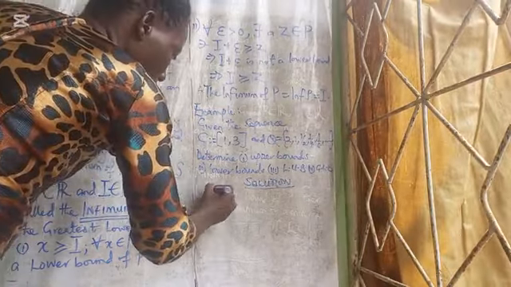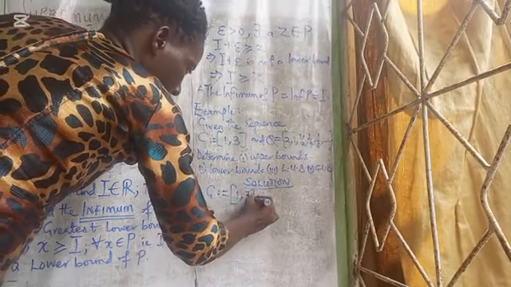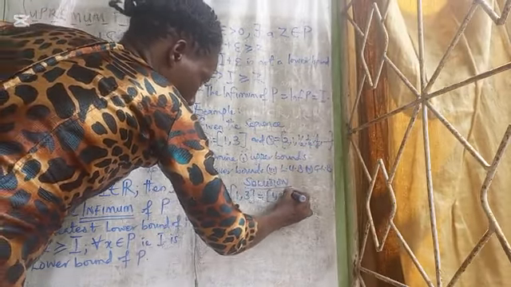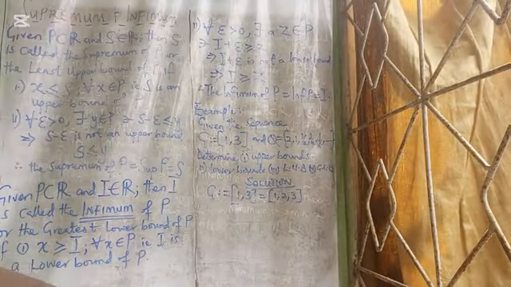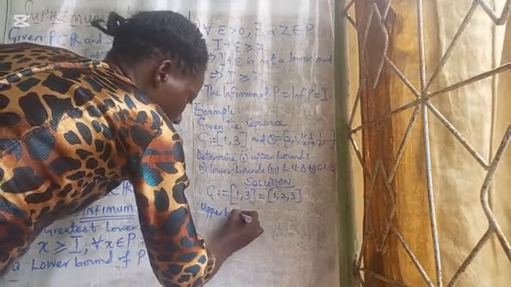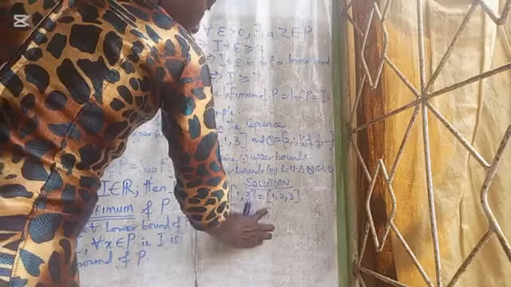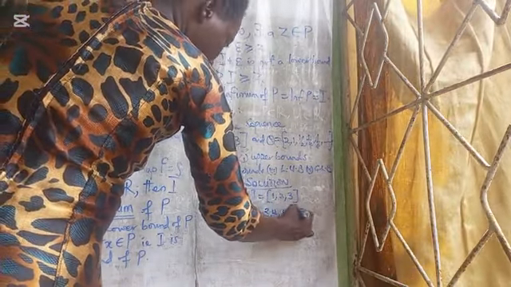Now, for sequence G, defined on the interval 1, 3, it means we have 1, 2, 3 in that interval. So what will be our upper bounds? Our upper bounds will include 3, 4, 5, 6, and so on.